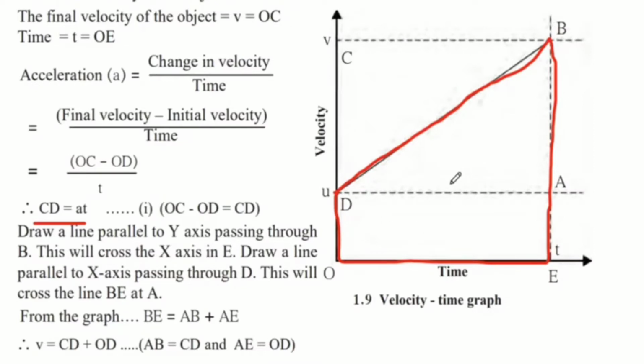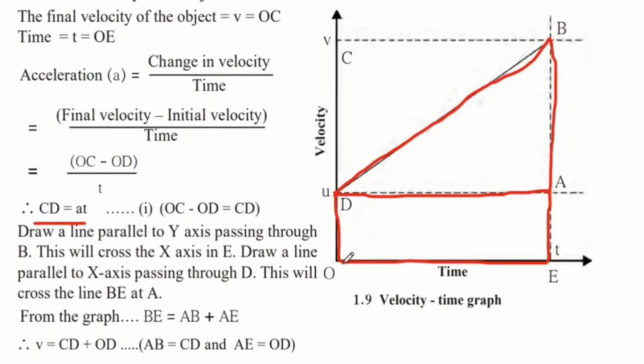We can find it by first getting the area of this rectangle, that is DOEA, and adding it to this right angle triangle, that is triangle DAB. If you remember, to calculate the area of a rectangle, you have to do length into breadth.